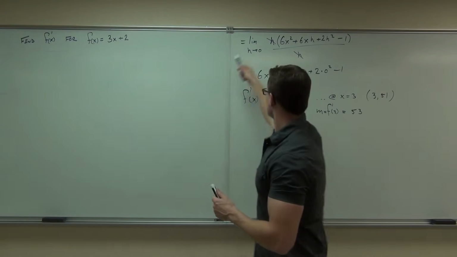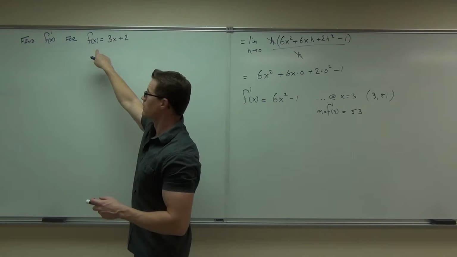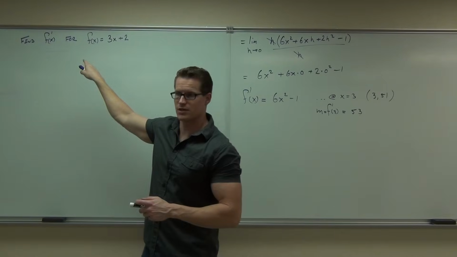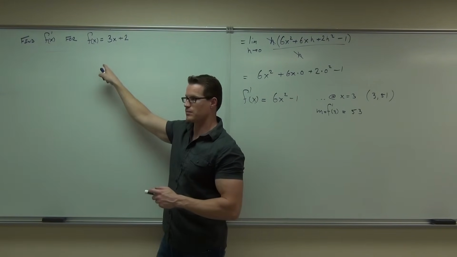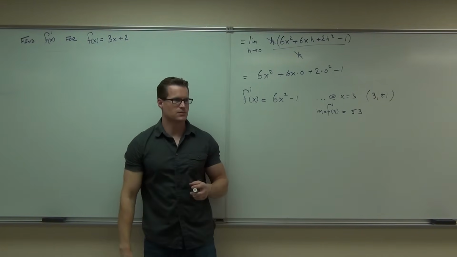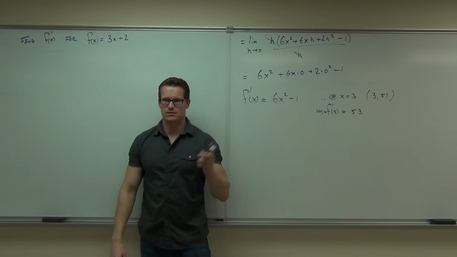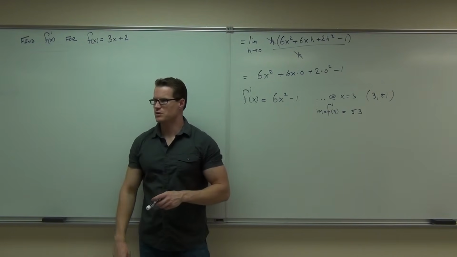Could we use this whole shebang, this whole limit thing, to find the slope of that? Because this stands for slope, right? Could we do that to find this slope? However, look at that. What is that? Yeah, that's one of these. What's one of those? A slope intercept that gives you a linear equation.